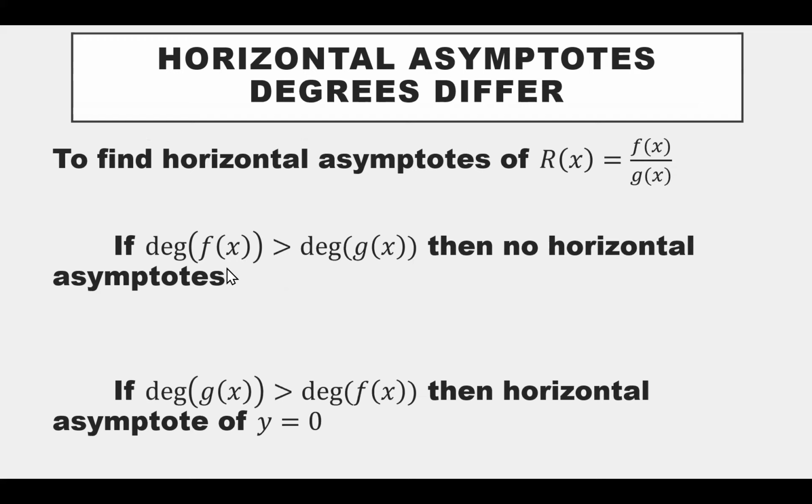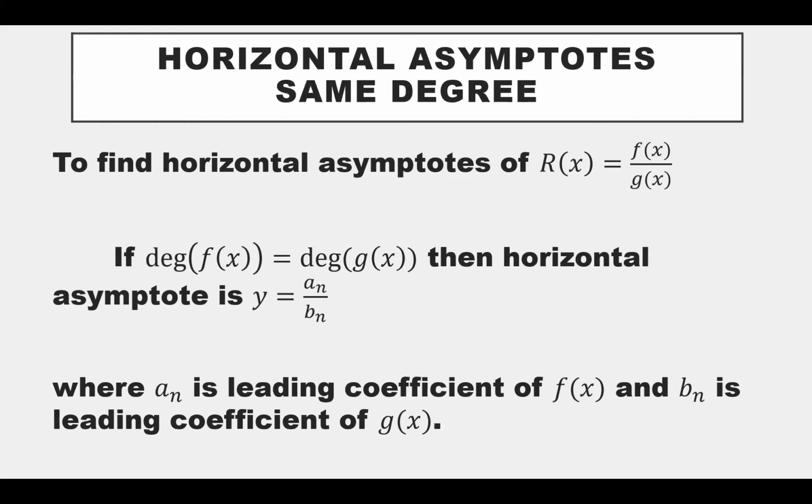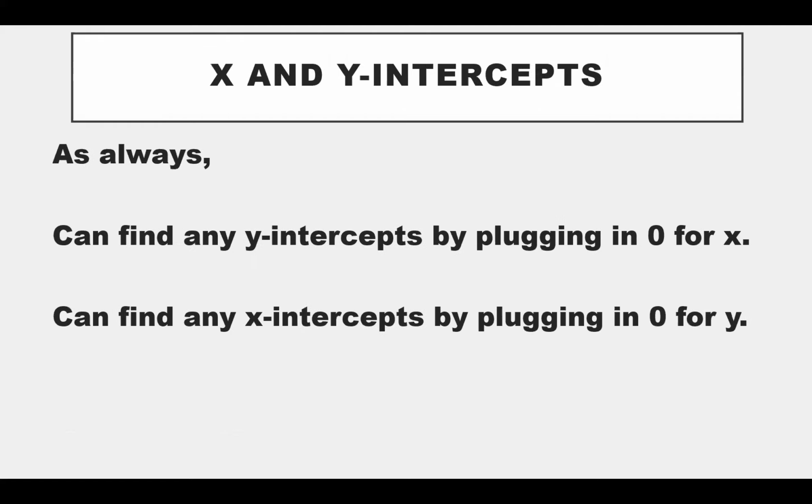If the degree in the numerator is bigger than the degree of the denominator, then my rational function is shooting off to positive or negative infinity. If the degree in the denominator is bigger than the degree of the numerator, then we're getting close to 0. So we get a horizontal asymptote of y equals 0 in that case.